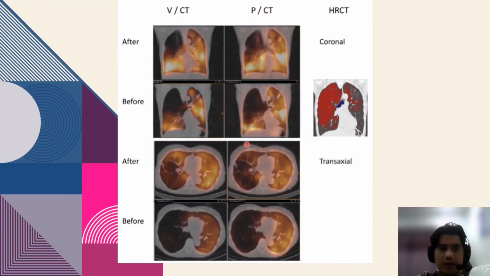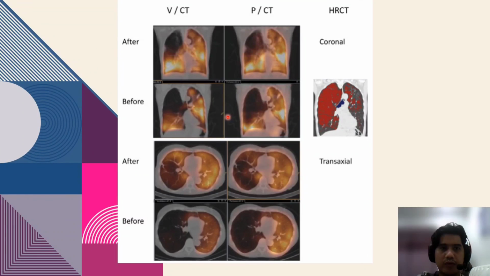Let me show the VQ SPECT in this patient with severe COPD with emphysema before and after lung volume reduction surgery. There is severe reduction of ventilation and perfusion in the upper part of the right lung, corresponding to the central lobular emphysema seen in the HRCT.